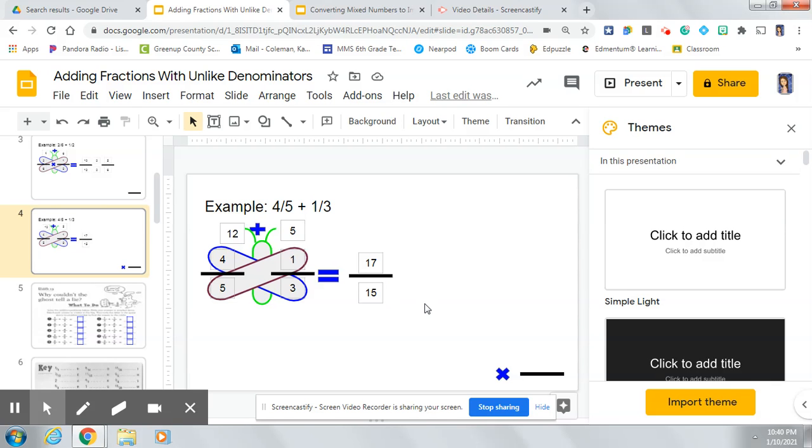So in the practice on the next day, I'm going to give you a place in the slide where you can work out that problem to change this from an improper fraction to a mixed number. You would divide the top number by the bottom number, so 17 divided by 15. 15 would go into 17 one time, and you would have 2 left over, so that would be 1 and 2/15. I'll show you that more when we get into the practice tomorrow.